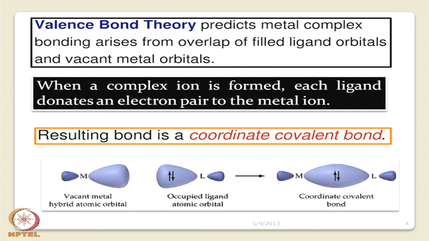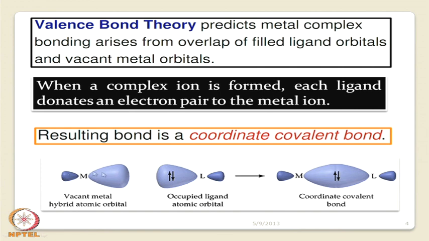So, if we have this vacant metal hybrid atomic orbital on M, it can be one of the hybridized orbitals, say sp3, sp2 or d2sp3 type of hybridized orbital.